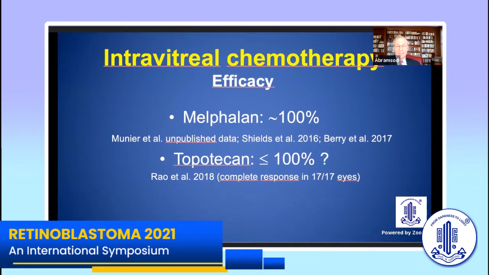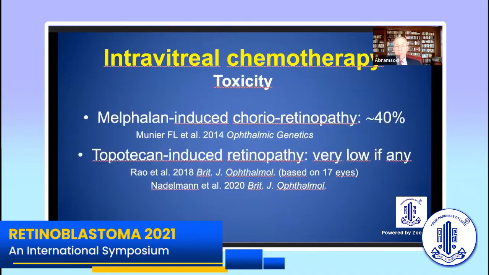Topotecan, we don't know yet if it's as efficient as melphalan, but based on the publication of Rao in India, it looks like they had complete response in all the cases treated, but it was a limited series of cases.